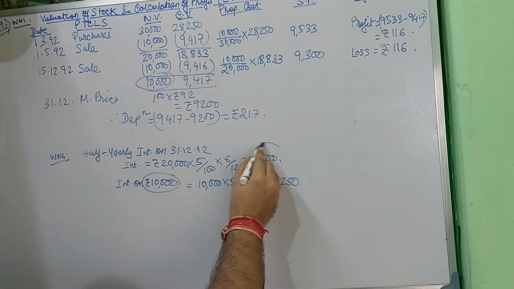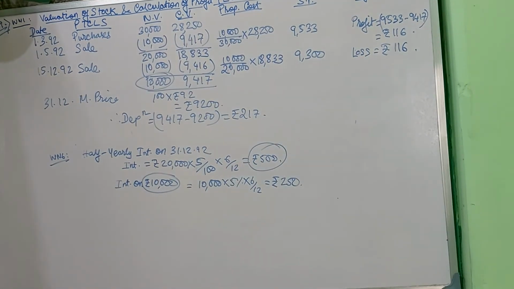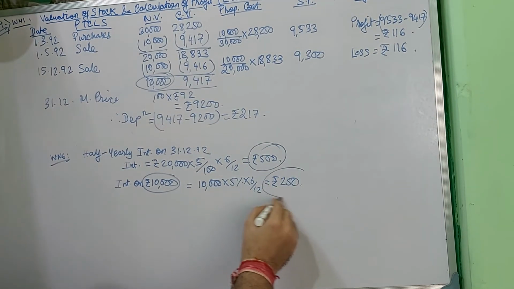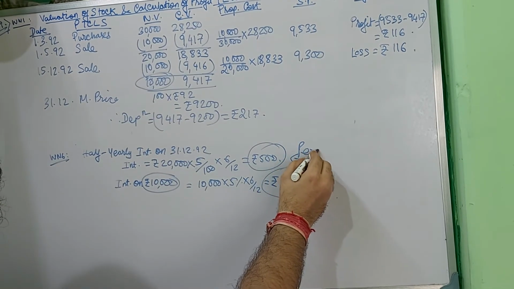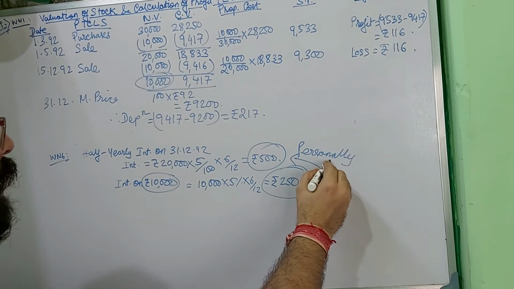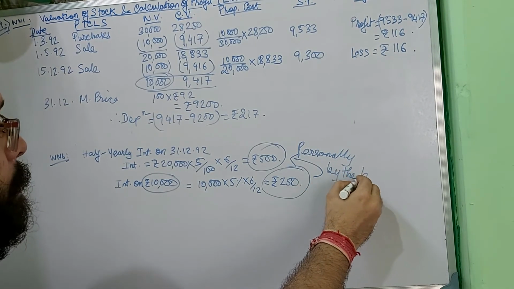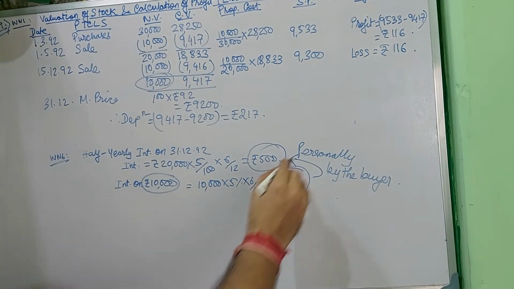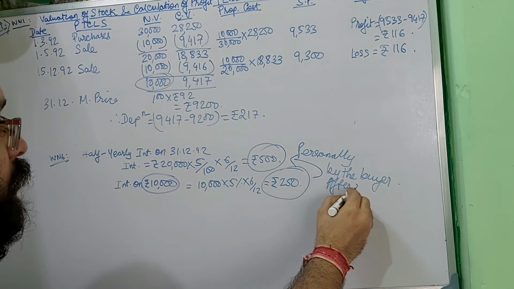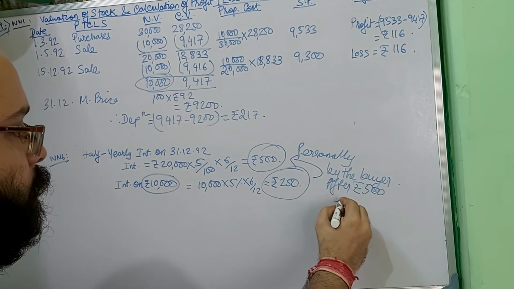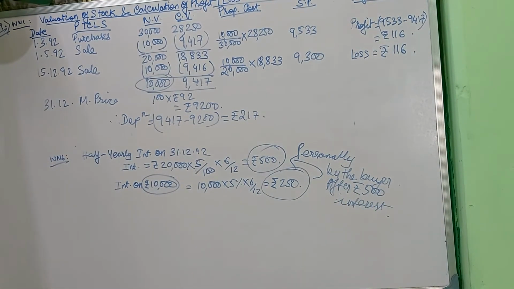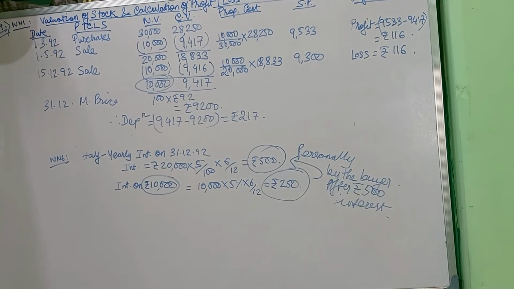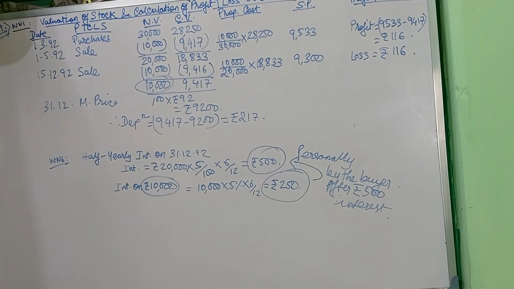Means after you receive the yearly interest of 500, the 250 should be paid personally to the buyer, after the buyer receives rupees 500 as interest. Okay, this is the total working note.